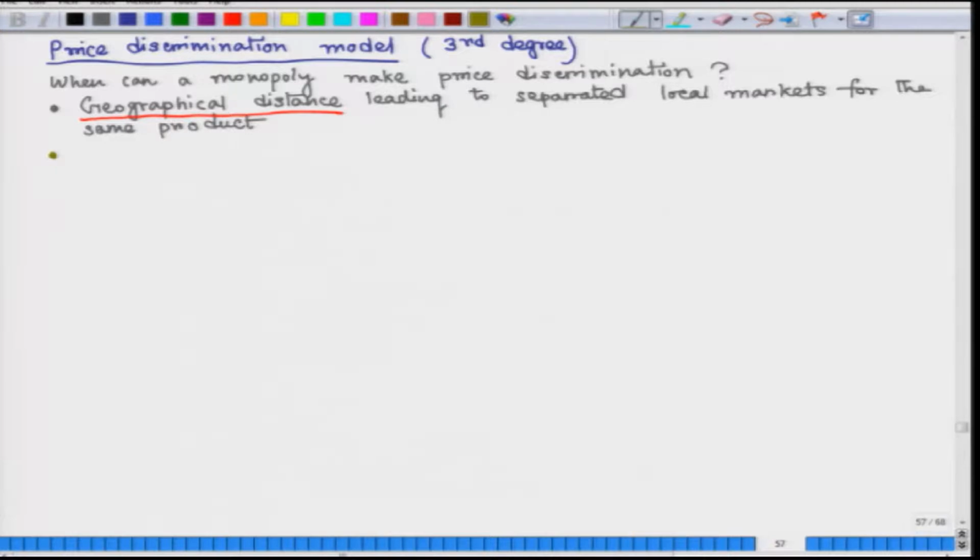Now, let us move to a second reason why a monopolist can successfully price discriminate.